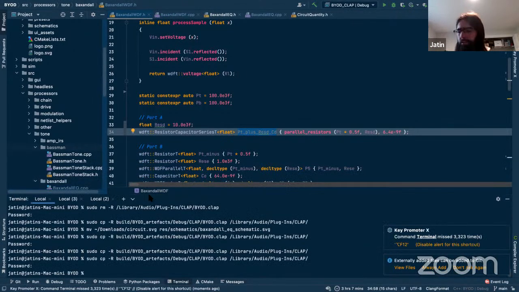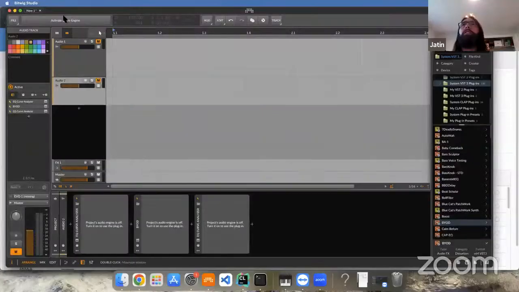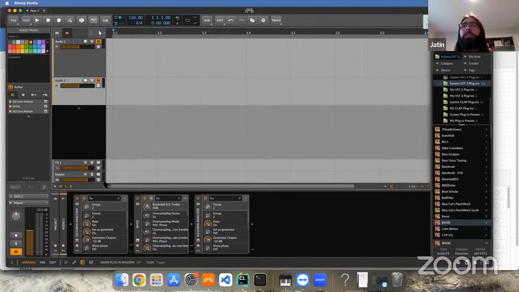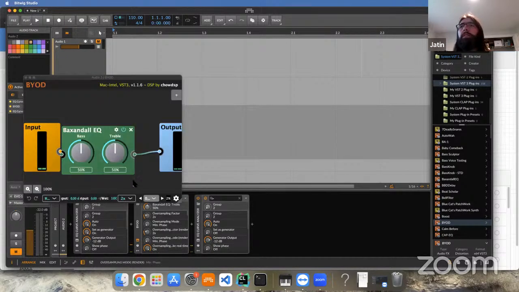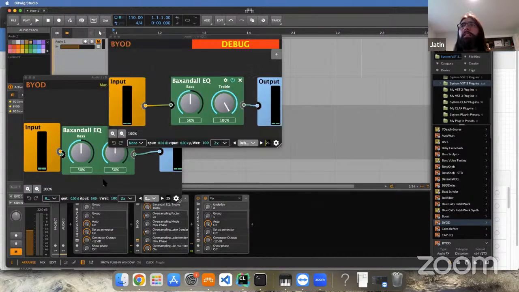I'm not going to do a rigorous benchmark here, but even just comparing the VST and the CLAP builds, I imagine we'll see some difference. This is VST, this is CLAP. Well, we'll see a difference in the wrong way, because this is a debug build, but whatever.